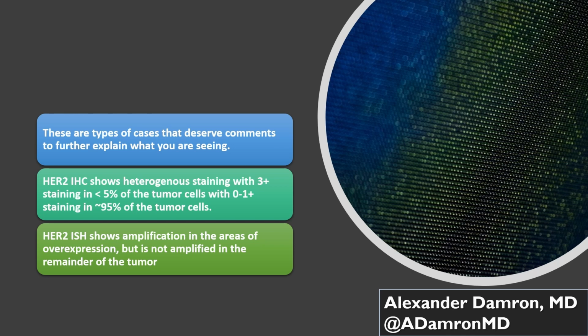If you simply say it's equivocal and FISH is positive, you may give them high hopes because they've had these cases that have had complete responses to Herceptin therapy. And I think that's very important, and I think this case in particular illustrates the importance of that for not only the clinicians that are treating the patient, but also the patients and their families and their expectations of the disease that they have going forward.